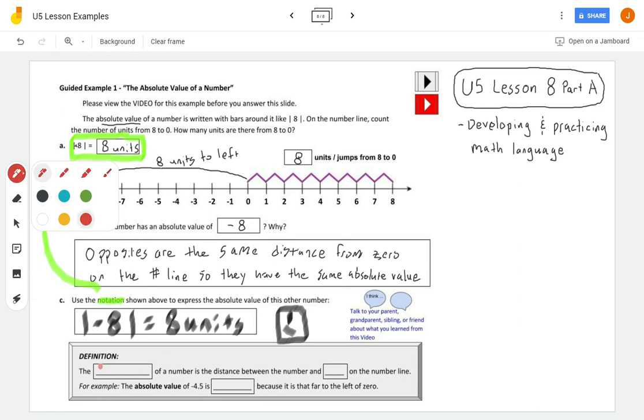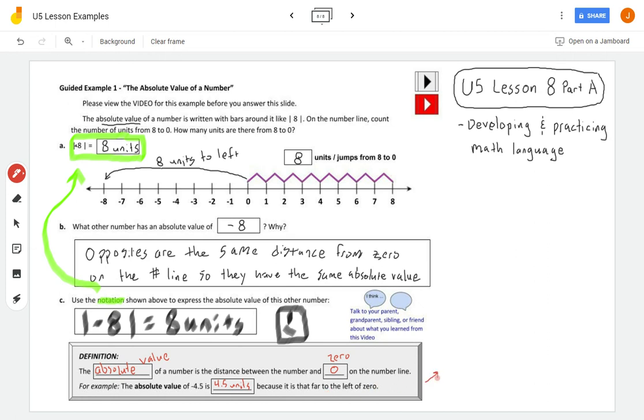So the absolute value, you have enough space, I might not, so I'm going to type outside of the box. So absolute value, the absolute value of a number is the distance between the number we're talking about, and 0 on the number line. You could also put the word 0 if it fits. I'm not sure if it'll fit inside that box. For example, the absolute value of negative 4.5 is 4.5 units because it is that far to the left of 0.